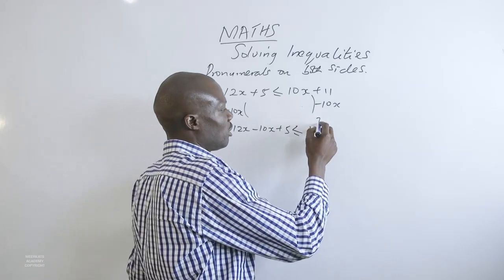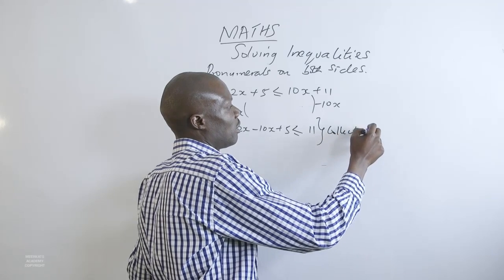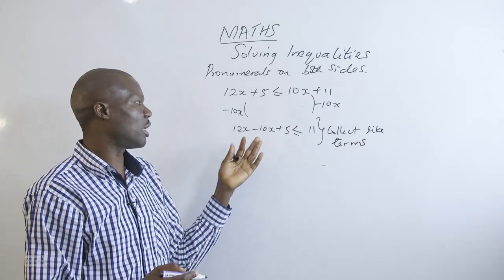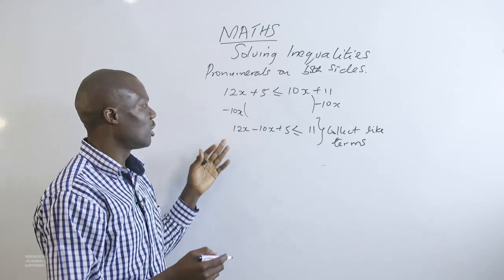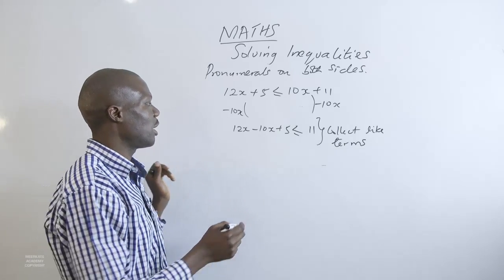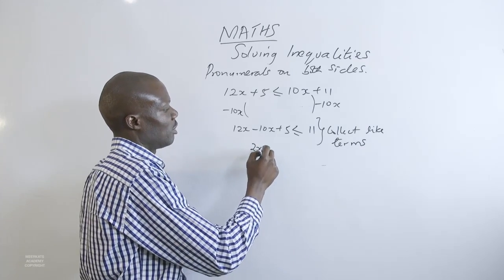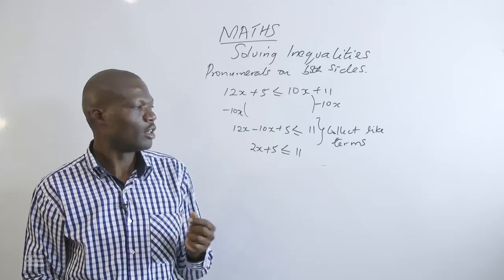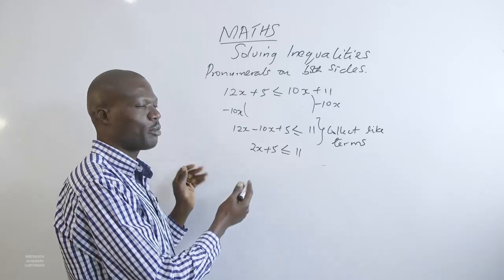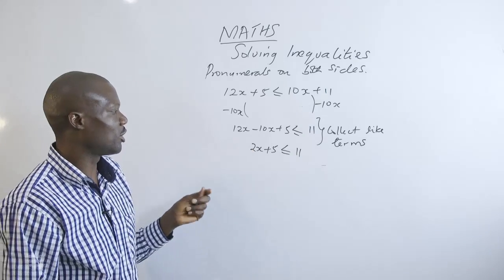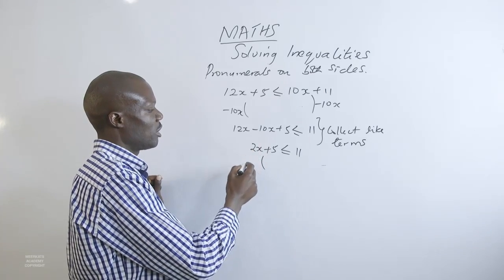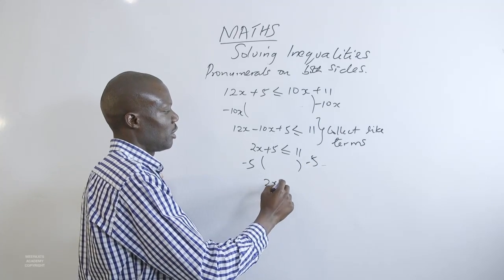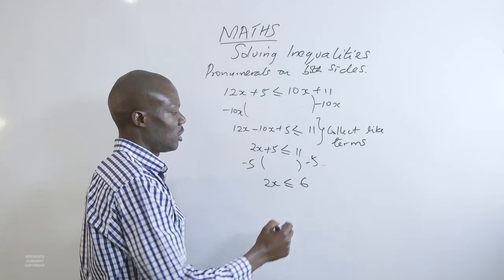Then you collect like terms. Like terms here are terms that have x. So 12x minus 10x is 2x plus 5 is less than or equal to 11. From here, we have reduced it. We only have a pronumeral on one side. We can go ahead and solve our question by simply subtracting 5 on both sides, so that we remain with 2x is less than or equal to 6.